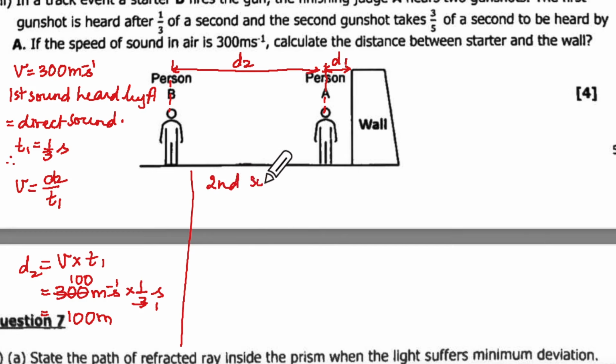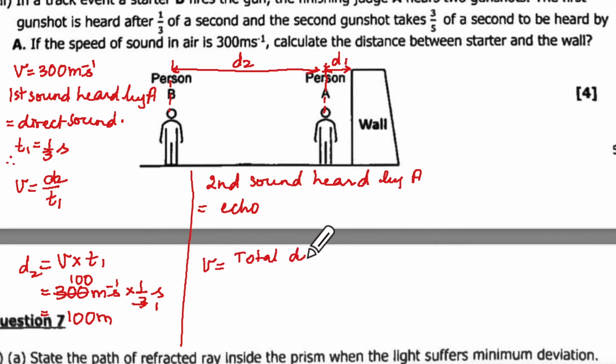The second sound heard by A will be equal to the echo. Do you agree with that? Yes, ma'am. And then we'll say V is equal to total distance upon the time taken. And the time taken will be the second time, T1 we finished here, so it will be T2.